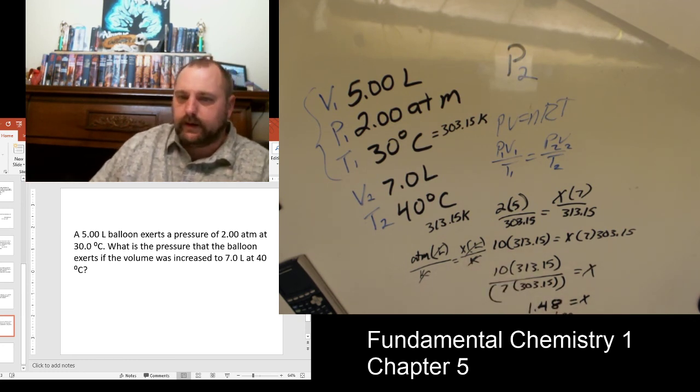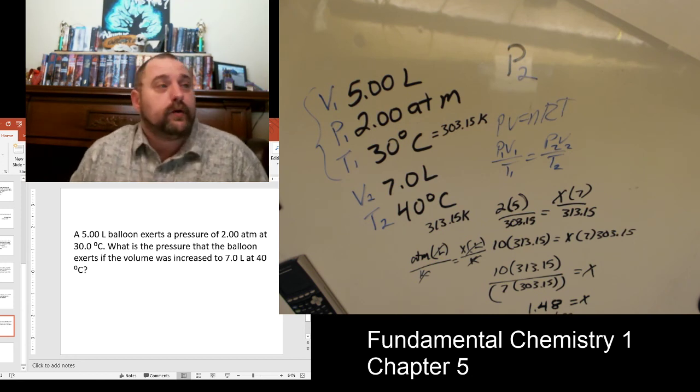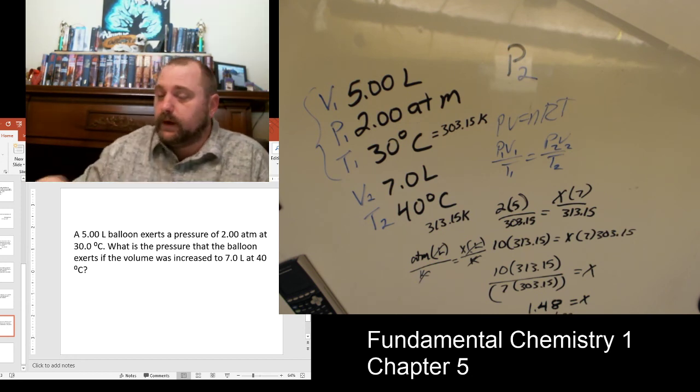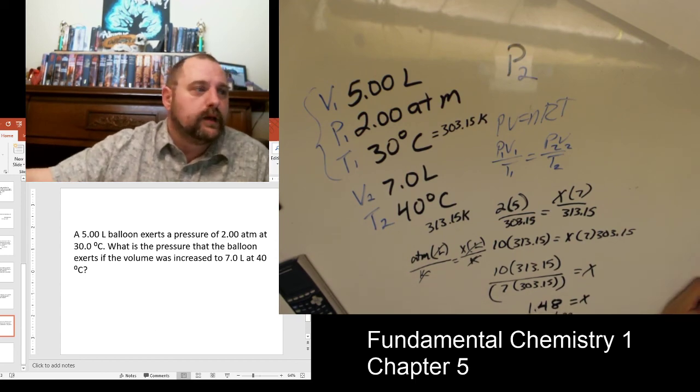And does that make sense? We increased the volume, but we also increased the temperature, so the pressure went down a little bit. Yeah, okay, because the volume went up by quite a bit. All right, there's our answer.